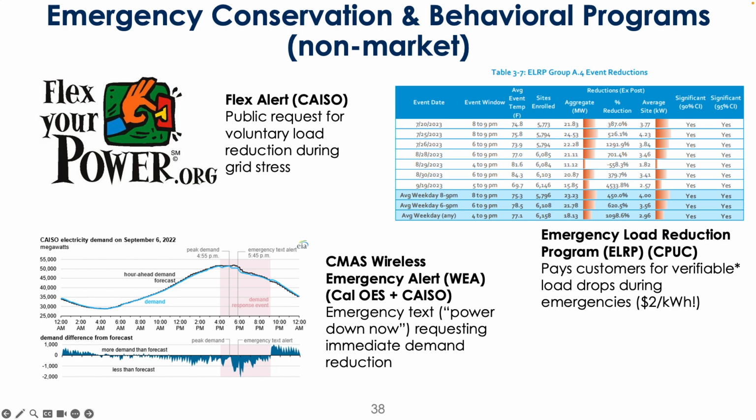And so kind of like Flex Your Power, this is voluntary, you don't get paid for it, but people actually did respond to this text in a pretty substantial way.